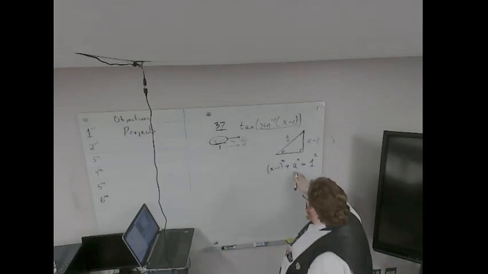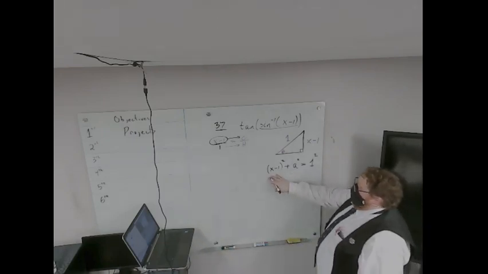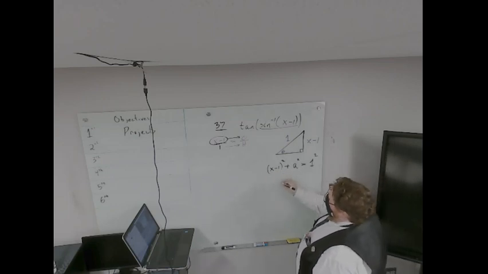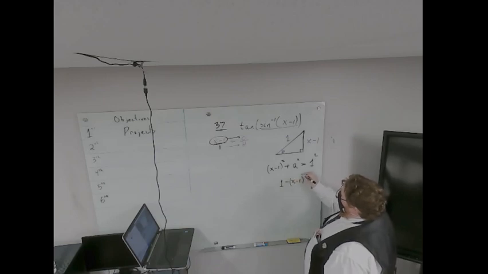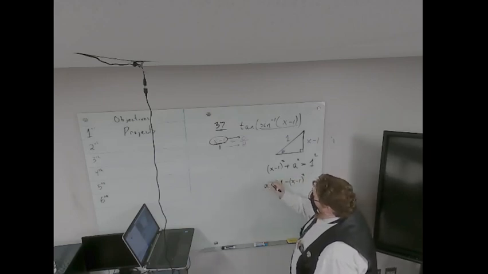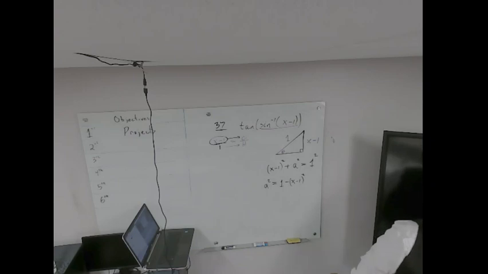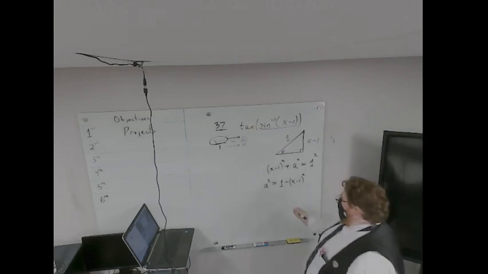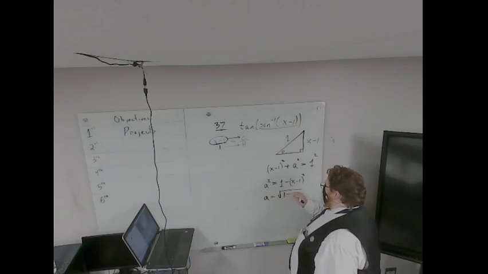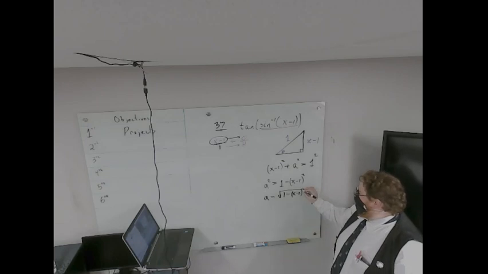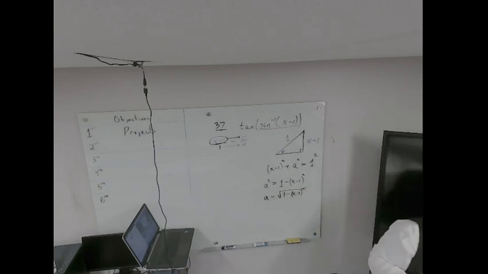Now, my goal is to get a by itself, so I would subtract this x minus 1 squared over, so I get 1 squared, which is 1, minus x minus 1 squared equals a squared. Remember, I'm always allowed to add or subtract from both sides, as long as I do it to both sides. And I will square root to get a by itself. So we end up with a is equal to the square root of 1 minus x minus 1 squared. This is my missing side a.